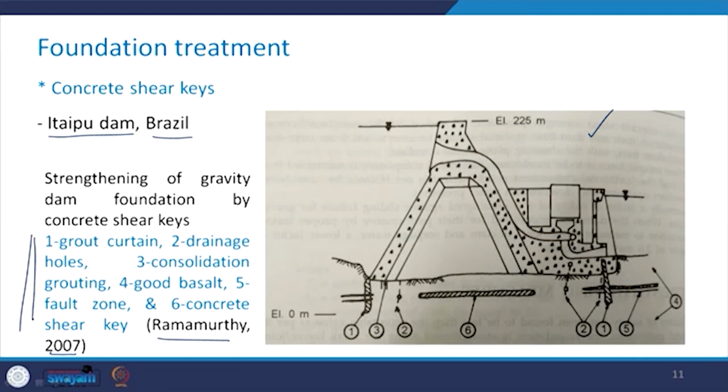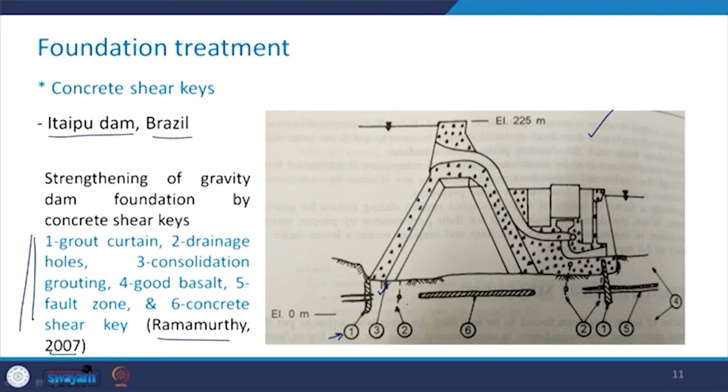You can see here that the first one is the grout curtain that is being provided. Then the drainage holes are there, so that whatever excess pore water pressure is getting generated can be dissipated. Then you have the consolidation grouting here.